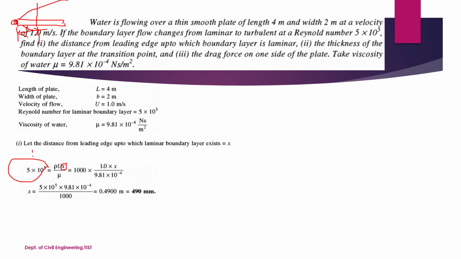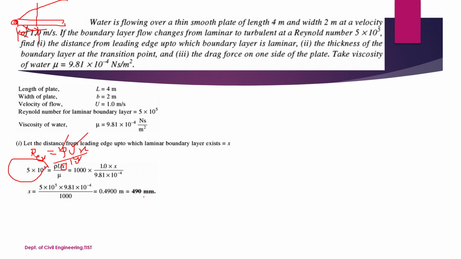I'll write the equation over here: Re_x is equal to rho u x by mu. In this equation we'll be substituting the value of the Reynolds number, then rho, u and mu values. So we'll be getting the value of x, the distance. So x is obtained as 0.49 meters.